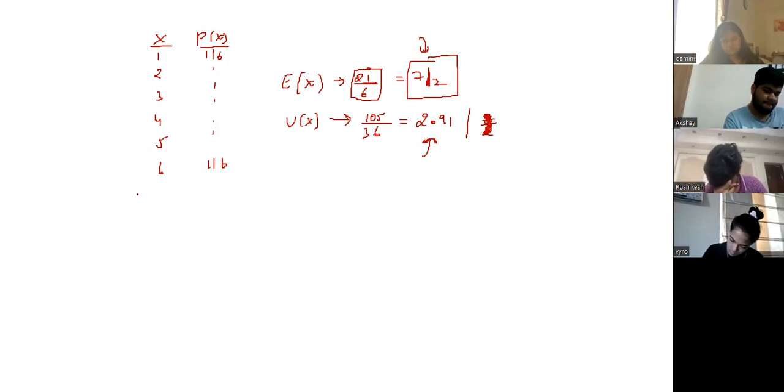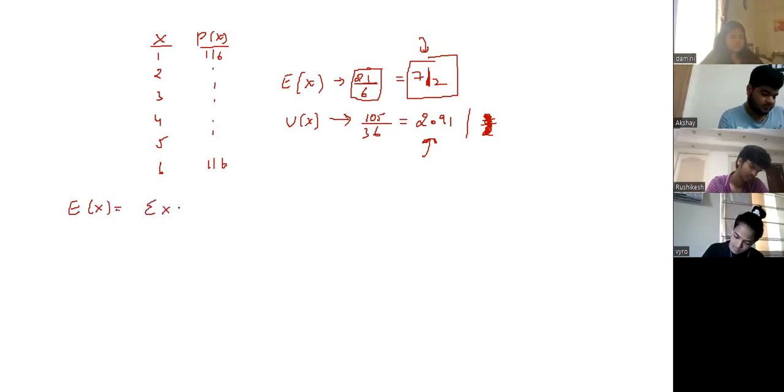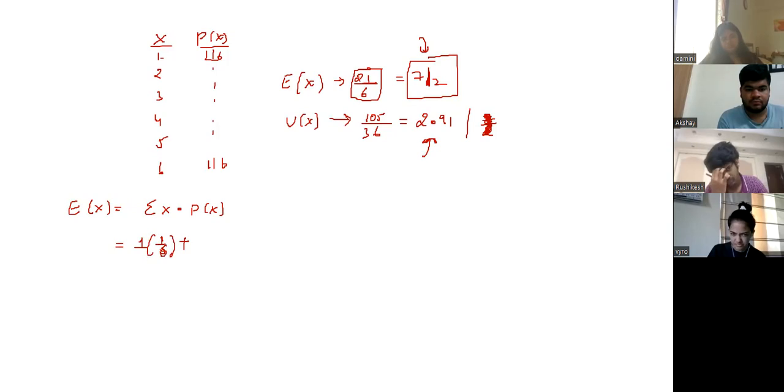Yeah. So let's do that. For expectation of x, we know the formula. Formula is summation x into p x, that is probability of x. And in this case, when x is taking 1, probability is 1 by 6. When x is taking 2, probability is 1 by 6.